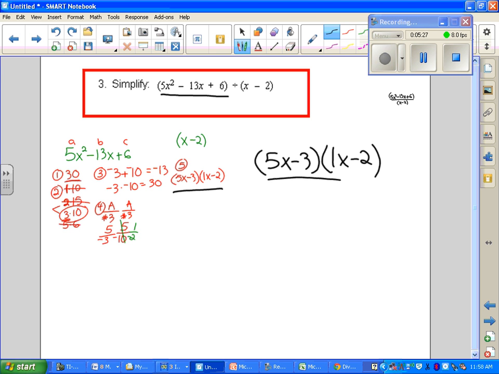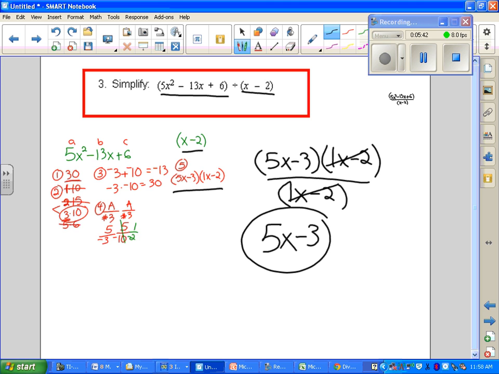I'm supposed to be dividing this by x minus 2, which I put over here. Remember, x minus 2 and 1x minus 2 are the same thing, so they cancel out. I'm left with 5x minus 3 for my answer. Time to cheer.